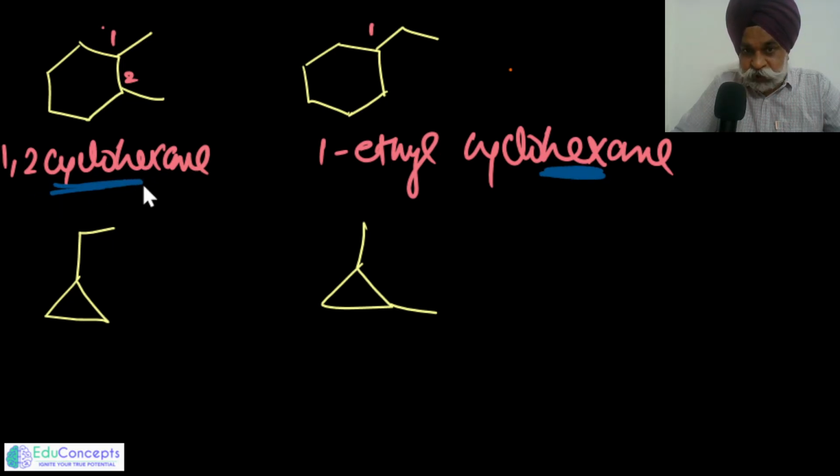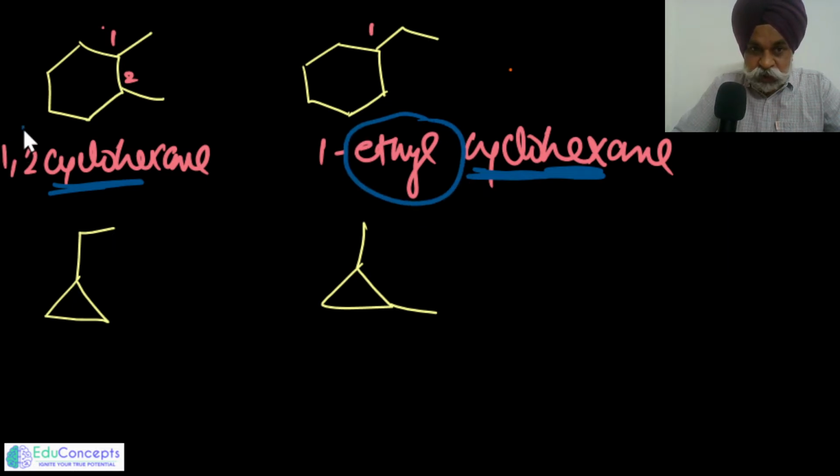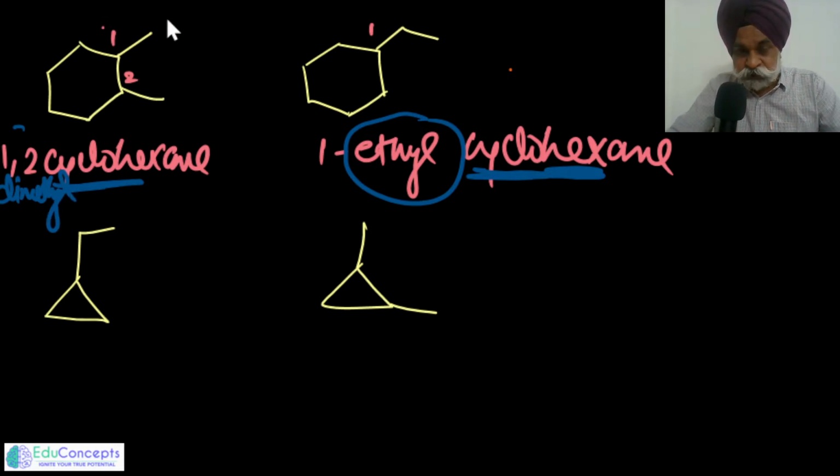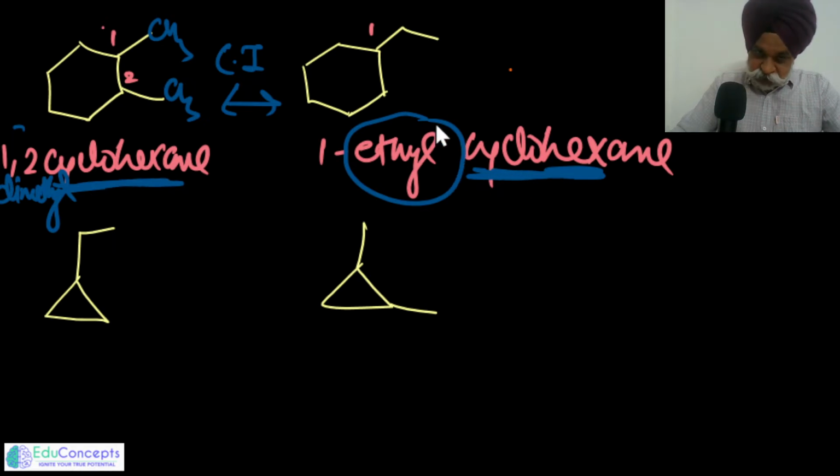Here it is cyclohex. The parent chain is the same, but the side chain length got different. So this is 1, 2-dimethyl, sorry, I missed it, and here it is 1-ethyl. So these would be said to be chain isomers. So chain isomers, if their parent length is the same but the side chain length got changed, they would also get classified into the category of chain isomer.